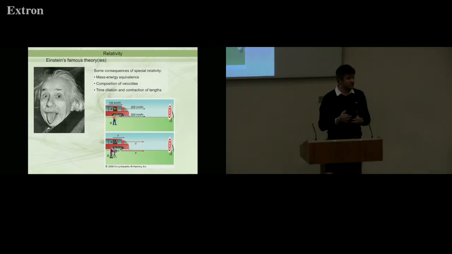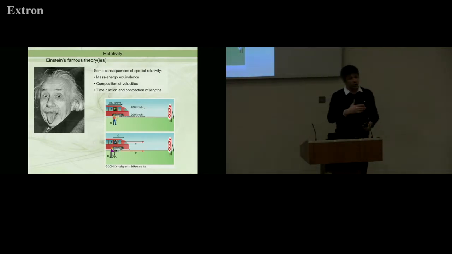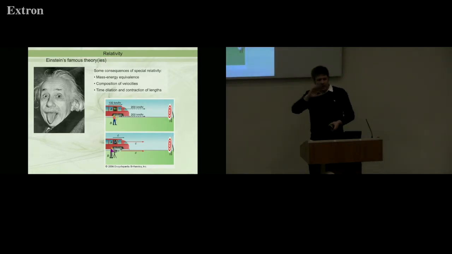It's just that if you go at a very low speed, things seem to just add up, the way we intuitively think. But as you go closer and closer to the speed of light, or at the speed of light, then this rule of adding things doesn't work anymore. Sorry. And so you need to use another formula, which is beyond the scope of our lecture today. Okay? And so you're limited, basically, to reach the speed of light at best.